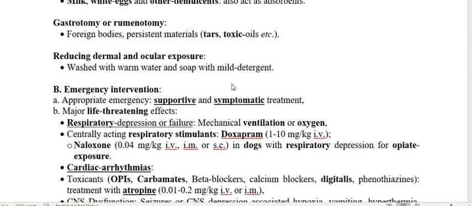Even if you think the foreign body or toxicant material still persists in the GI tract, like tars or toxic oil, then you have to go through gastrotomy or rumenotomy. And the others are simple. This is all about the way. The first one, the A, is that you have to go through the emergency intervention.